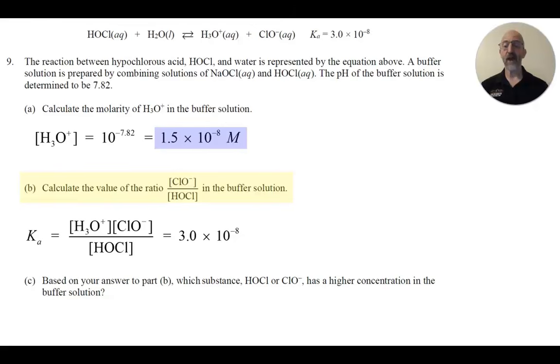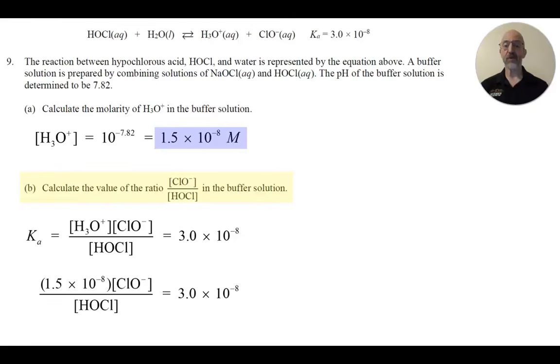And you will notice that that ratio exists in the Ka expression if we only knew the concentration of the hydronium ion. Well, we do. That was our answer to part A of question 9. So what I'm going to do now is substitute 1.5 times 10 to the negative 8 for the concentration of the hydronium ion into this Ka expression.